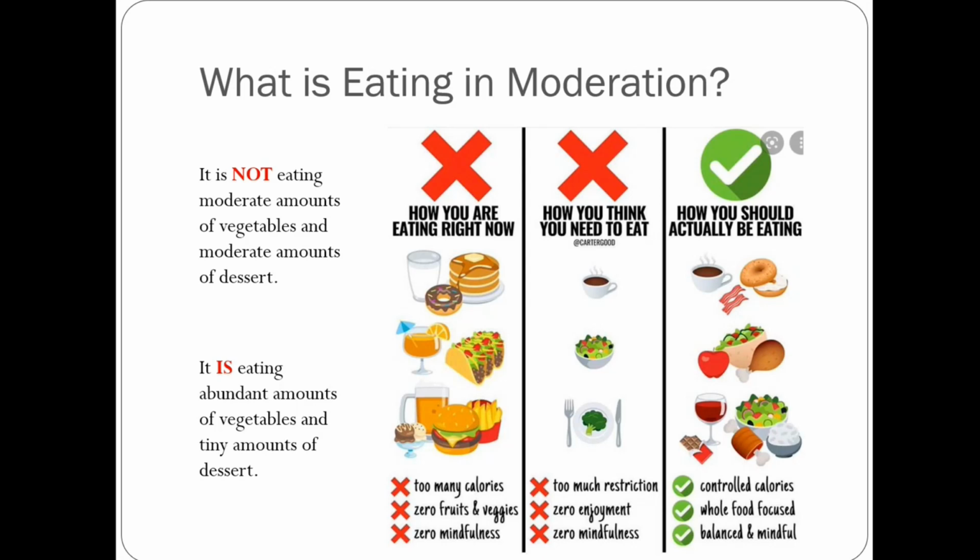This is a little bit over restrictive. It's not necessarily moderation either. On the far right, you can see that moderation can be a balance of both of the left examples. We have some fun foods, as I like to call them, sprinkled in there, but it's balanced out with healthier selections. So think of moderation as a balance between fruits and vegetables and lean proteins, but also still getting to enjoy less healthy things in smaller amounts.